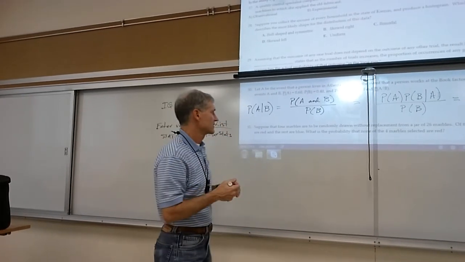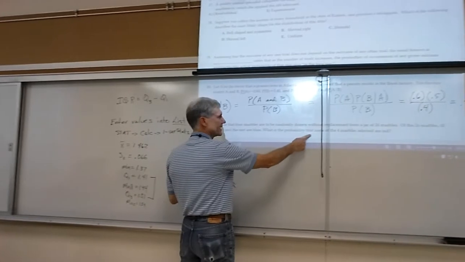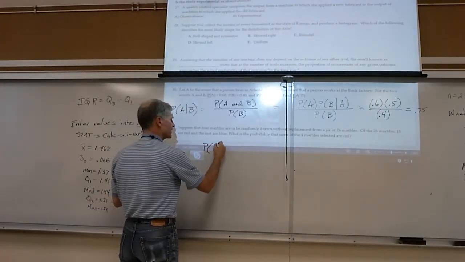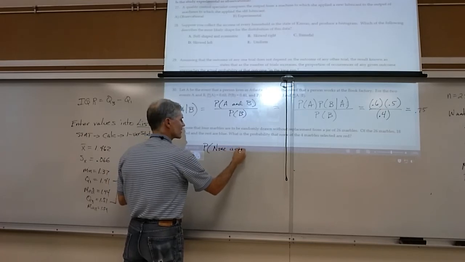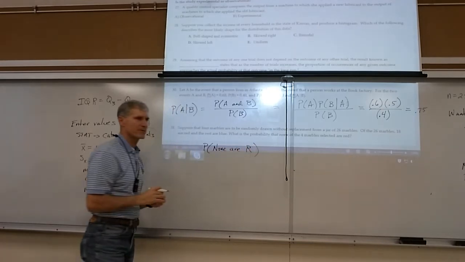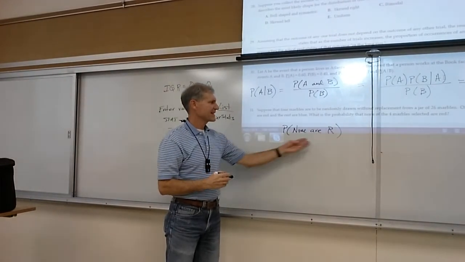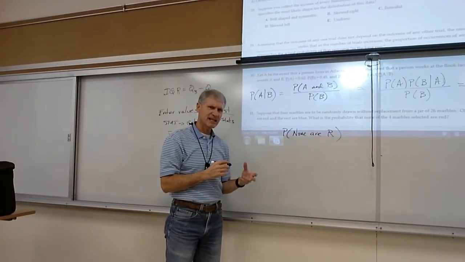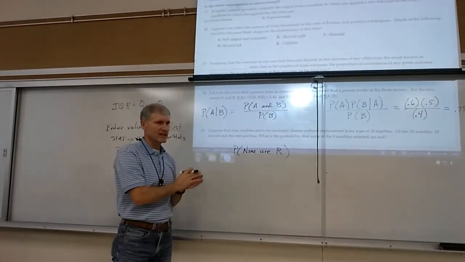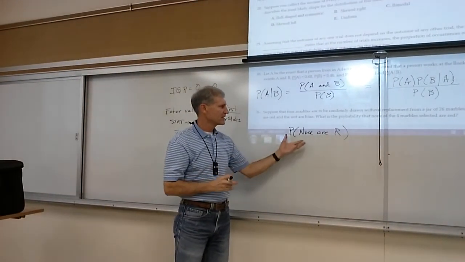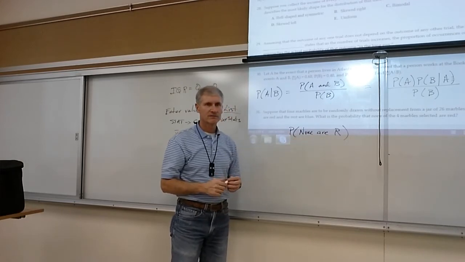So what is the probability that none of the marbles are red? Probability that none are red. R for red. Well, when I write it like that, I don't immediately see what formula I'm going to need to attack this with. But what does it mean to say none are red?